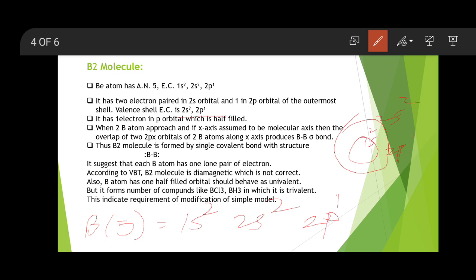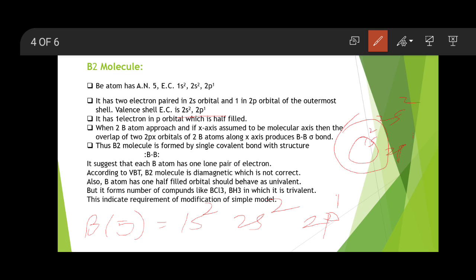When two boron atoms approach, and if the x-axis is assumed to be the molecular axis, then overlap of the 2px orbitals of two boron atoms along the x-axis produces a boron-boron sigma bond.